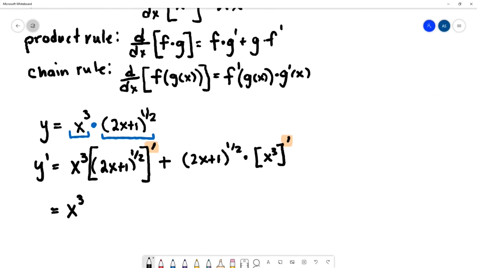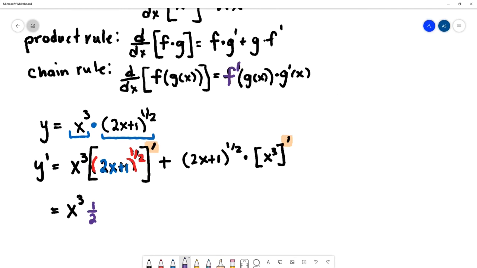So using the chain rule, the outside function is the power, and the inside function is 2x plus 1. To follow the chain rule, I need to calculate the derivative of the outside function. Because the outside function is a power, I'll follow the power rule.